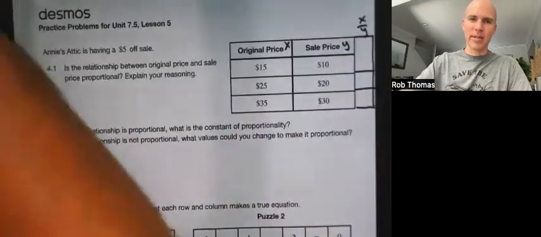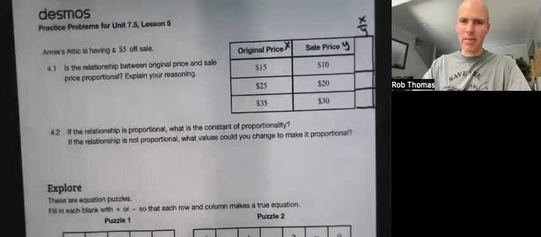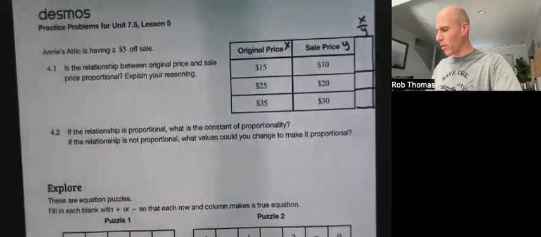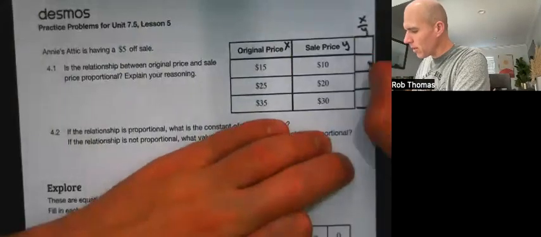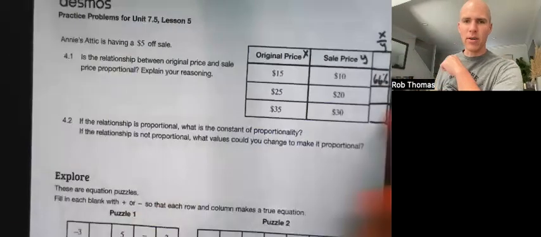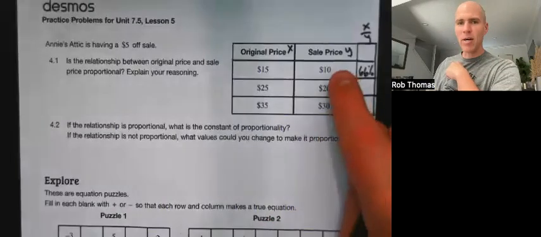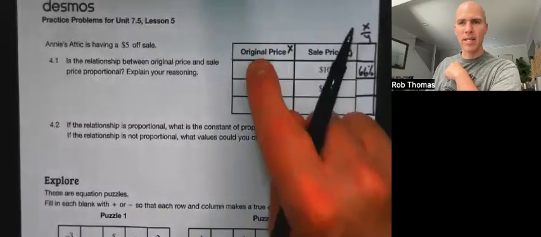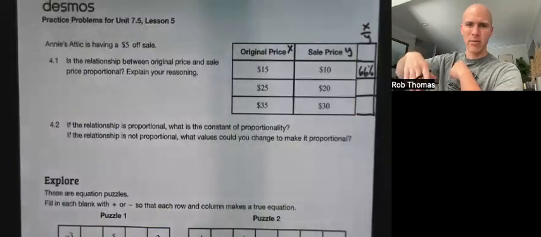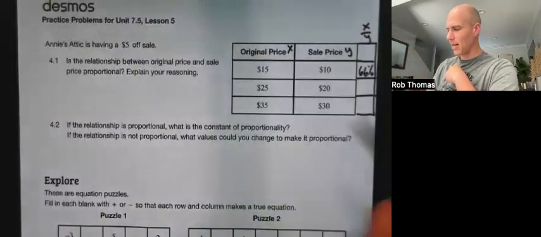So let's see here, 10 divided by 15, that's the same as 2/3, or like 66%. I'm going to write it as a percent, just to do something different than what we usually do. So basically this sale price was 66% of that original price. And so for it to be proportional, they'd all have to be 66%, right? But I don't think that's going to be the case.